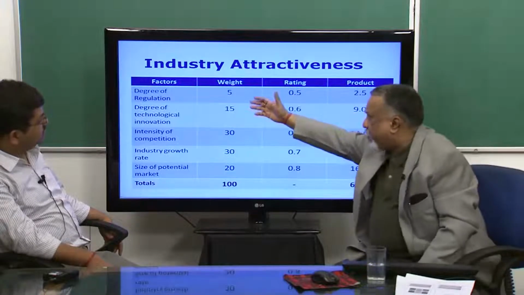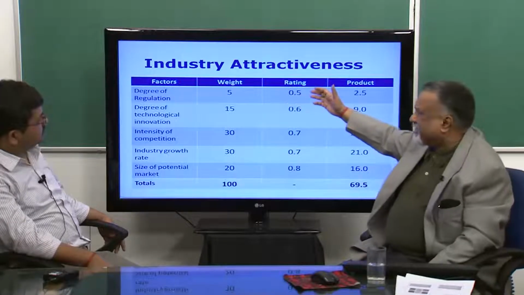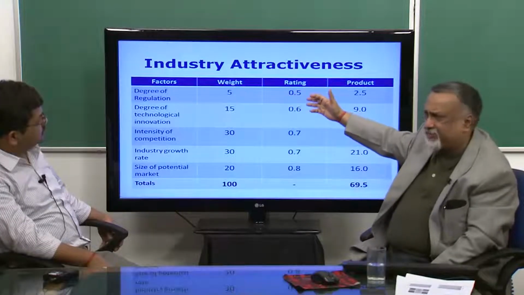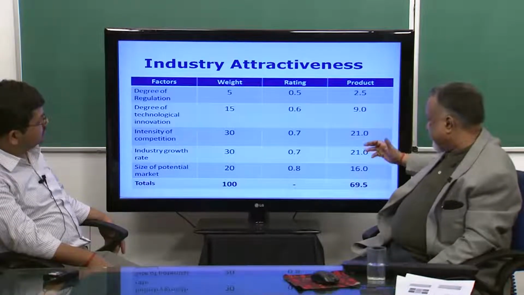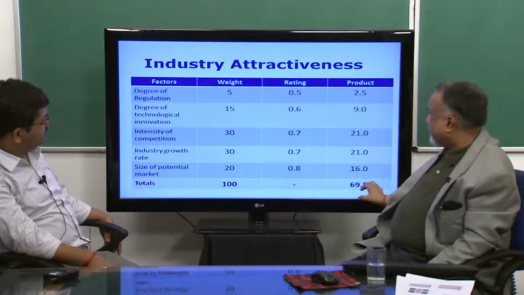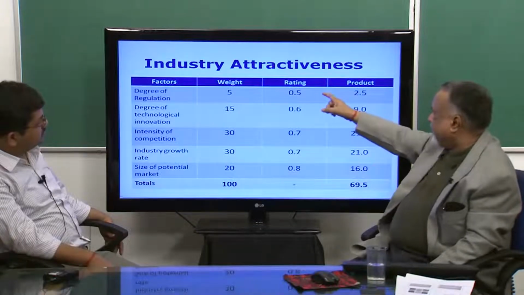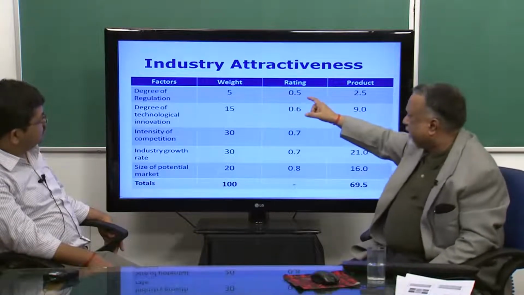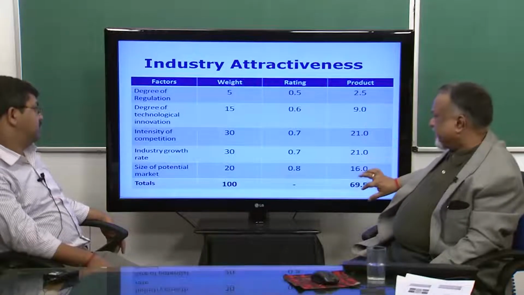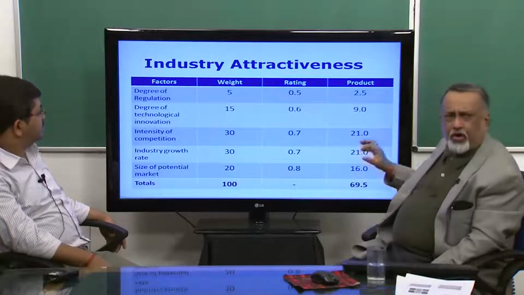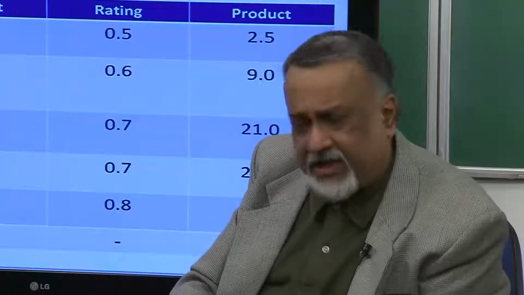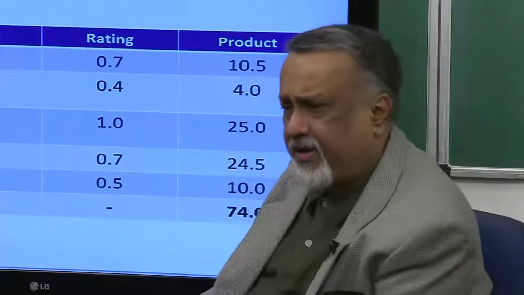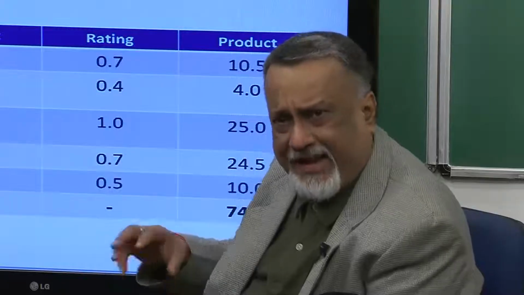So, this is the importance of the factor, and this is the rating of the factor in this particular situation, and that will give you a composite score. So, 69.5 we are getting, multiplied, that means weight into rating, which means that this is a highly competitive, but attractive area to play in.